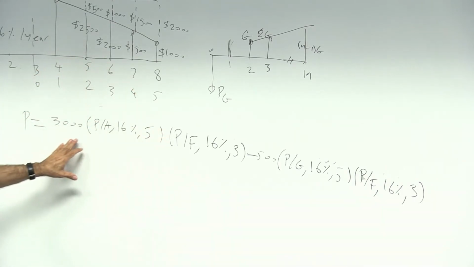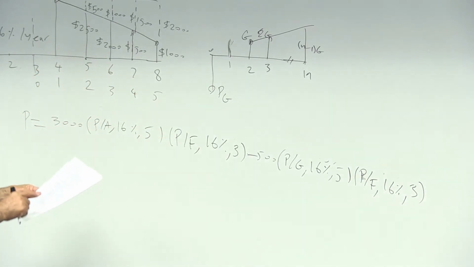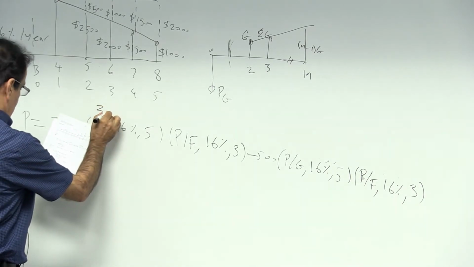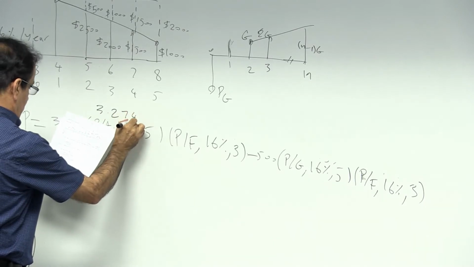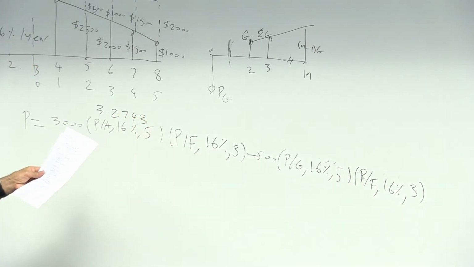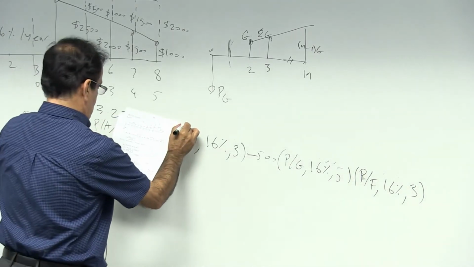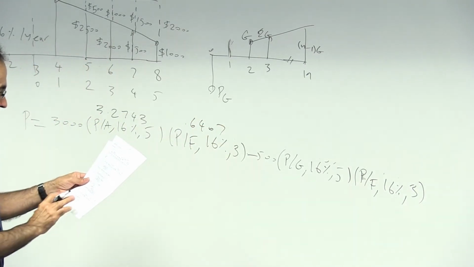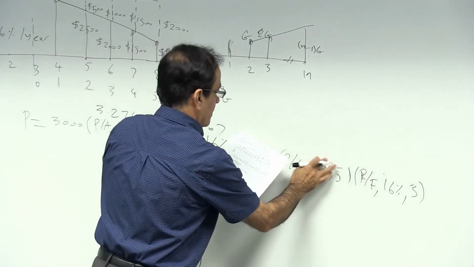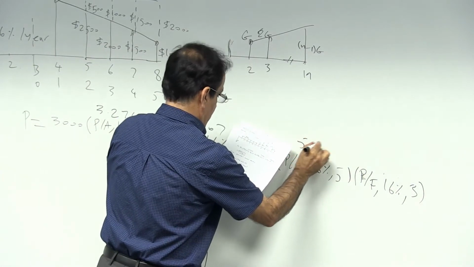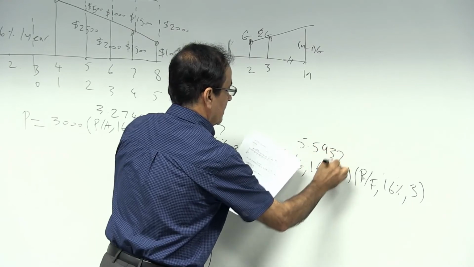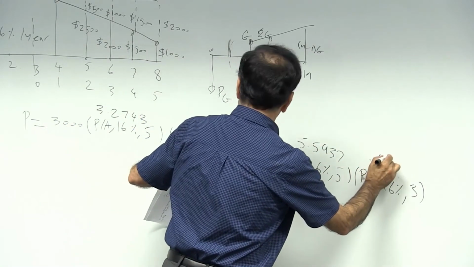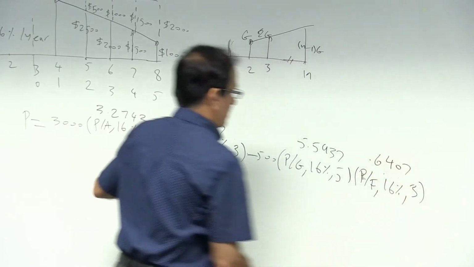So this is the present worth of those payments. Now we're going to substitute for the factors. The P given A from the table is going to be 3.2743 here. The P given F is going to be 0.6407. And the P given G is going to be 5.5937. And again, the P given F, the same factor, 0.6407.